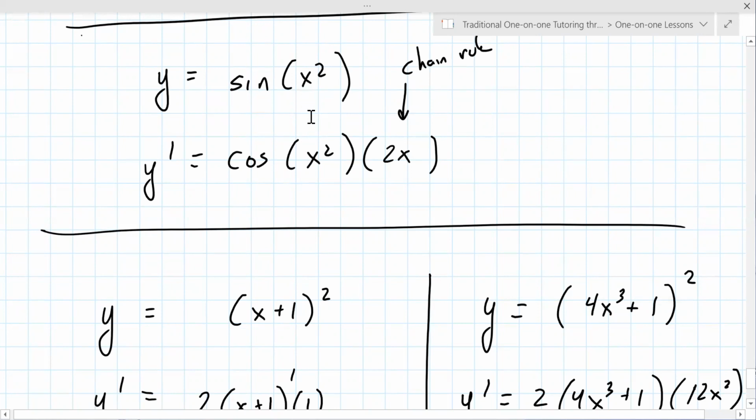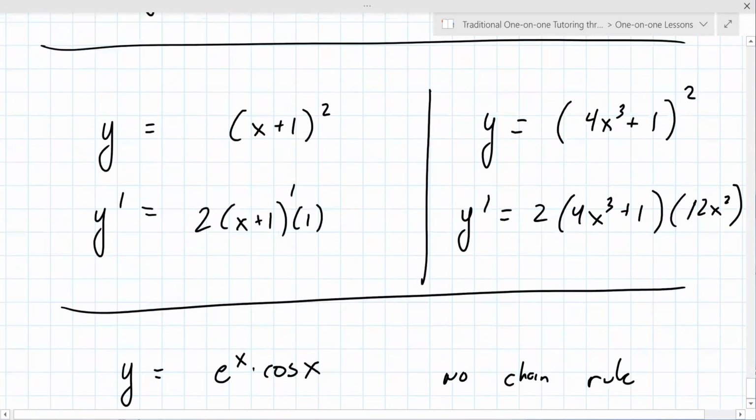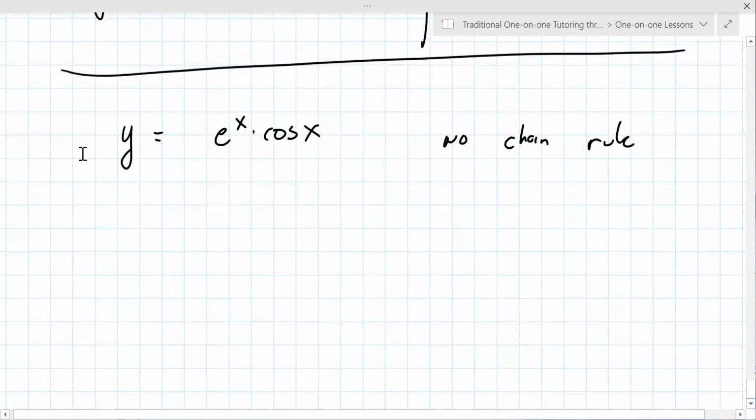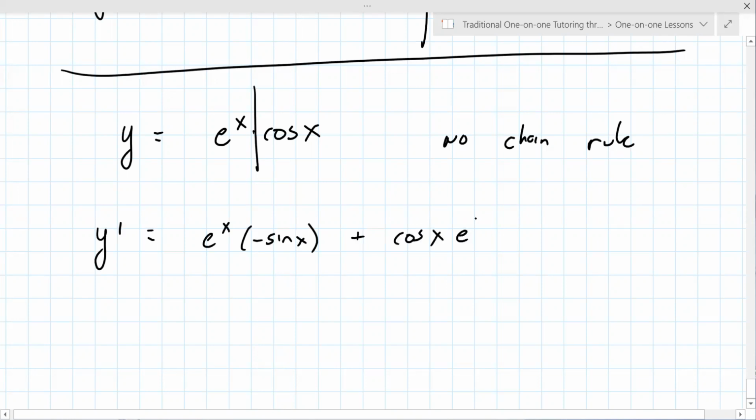No. Because it's not like two things being multiplied together. That's right. Okay. Now, down here, this is product rule, but there's no chain rule. So it's e to the x times negative sine x plus cosine x e to the x.